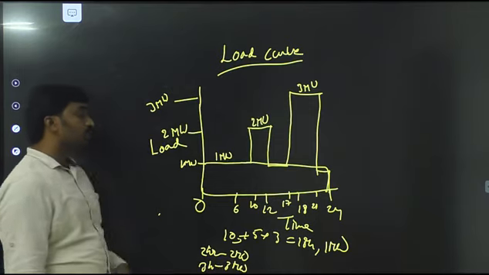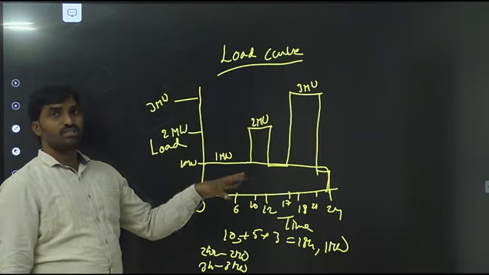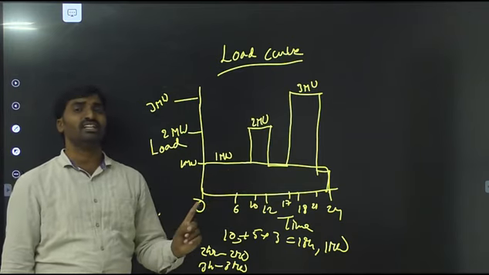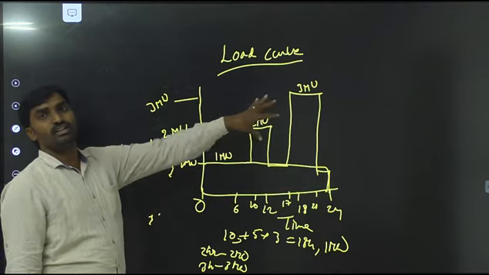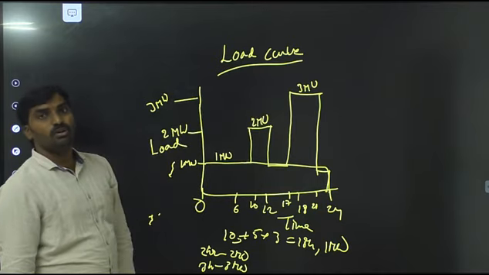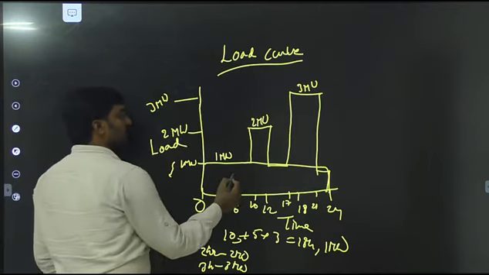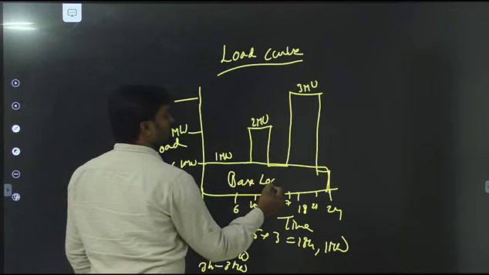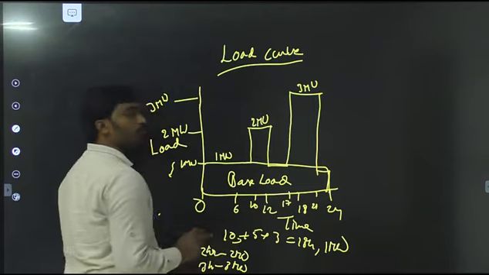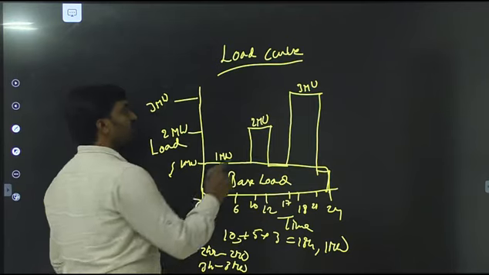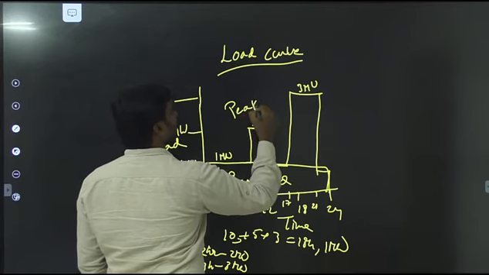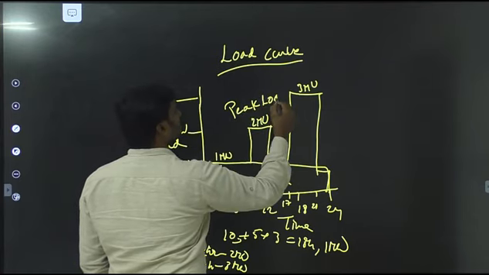Okay? So that means we need to establish 2 power plants. One power plant we need to run continuously, and another power plant we can utilize in peak load timing only. This type of power station is known as a base load power station. When we require the excess power, that power station is known as a peak load power station.